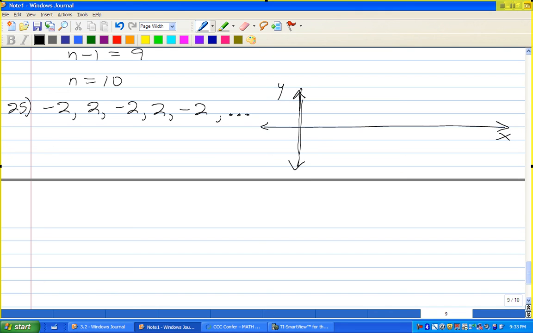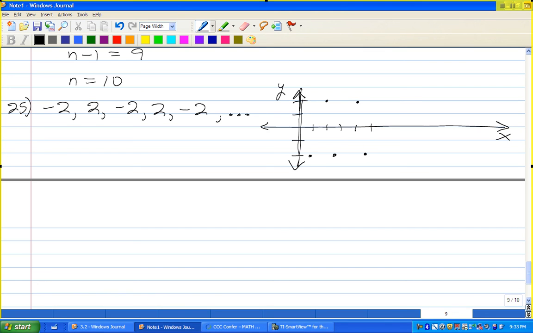So at 1 it's negative 2, at 2 it's positive 2, at 3 negative 2, 4, 2, 5, negative 2.